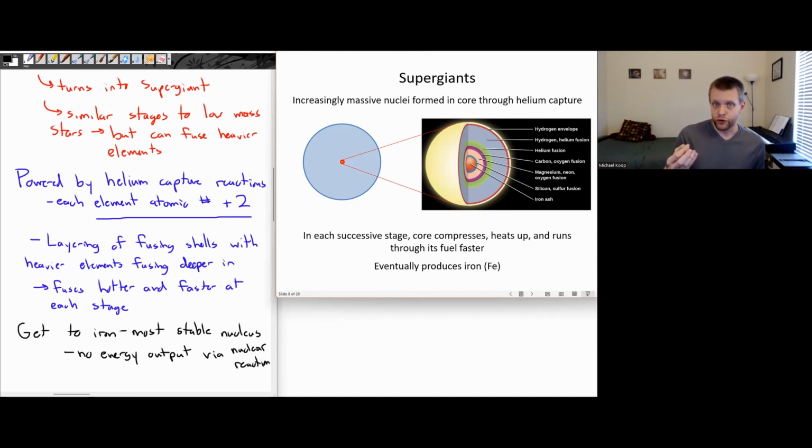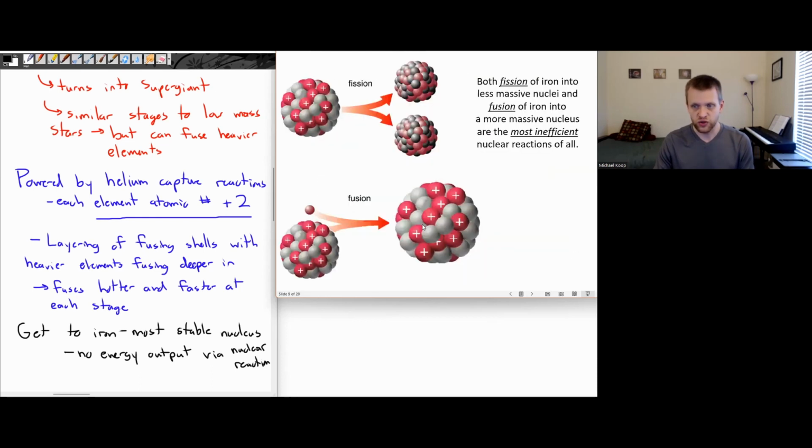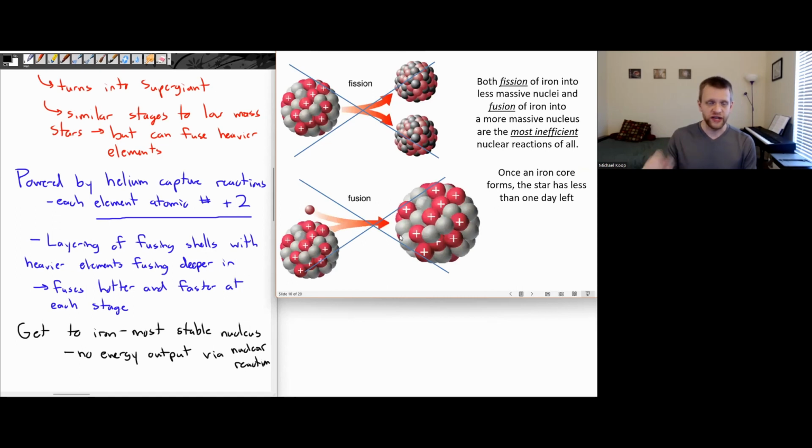It might run through the helium in the core in 1 million years or less. It might run through the next element, fusing carbon, in a few tens of thousands of years. And each stage, it gets shorter and shorter and fuses through those materials faster and faster. Once we get to that iron core, we've got about one more day. What's going to happen after that one more day?